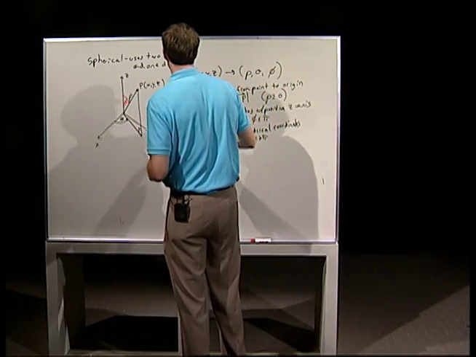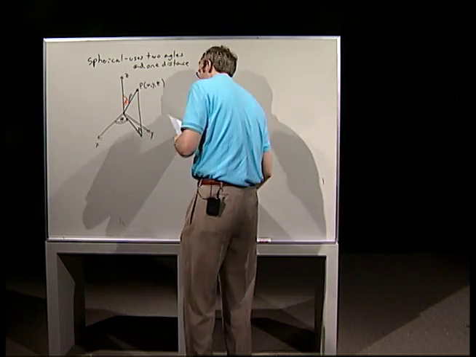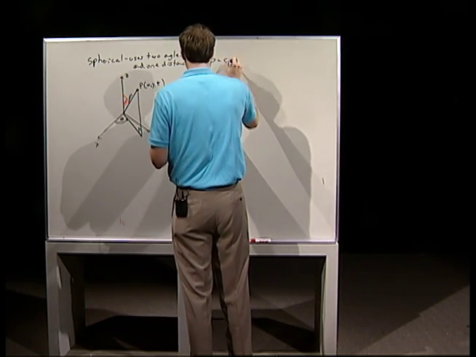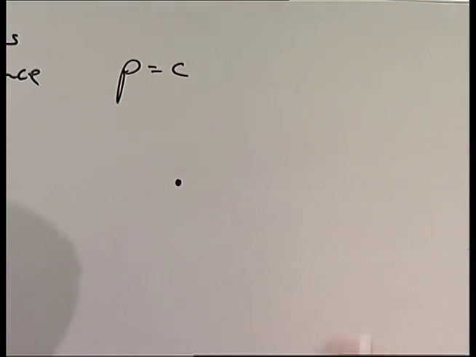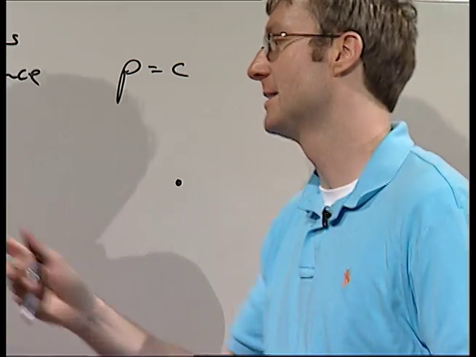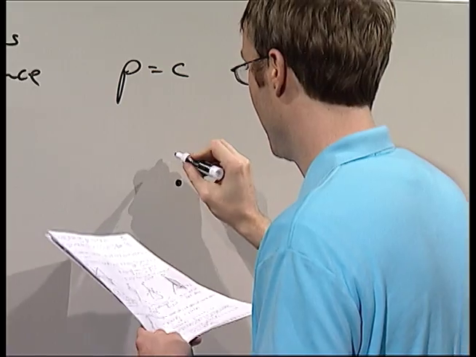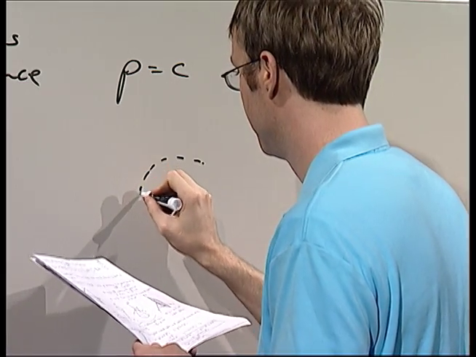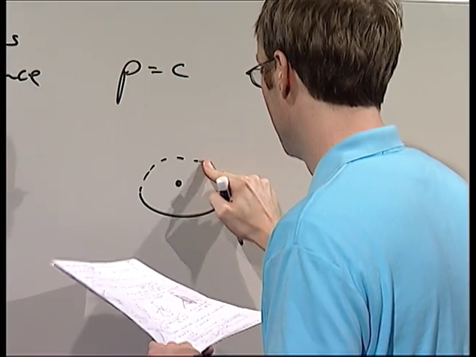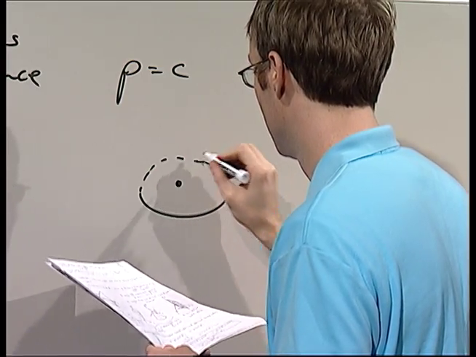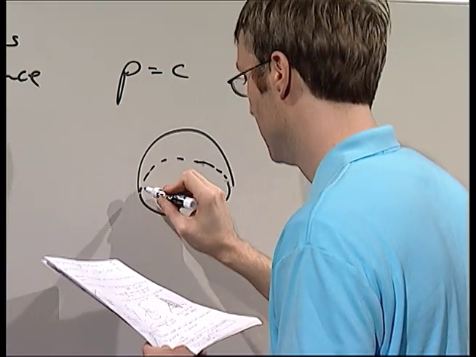Some typical surfaces in spherical coordinates. If rho is a constant, this is a hollow sphere, right? If rho is a constant, you want all points that are a constant distance from the origin. That is a hollow sphere. So there maybe is your point, and so this thing is looking spherical, right?